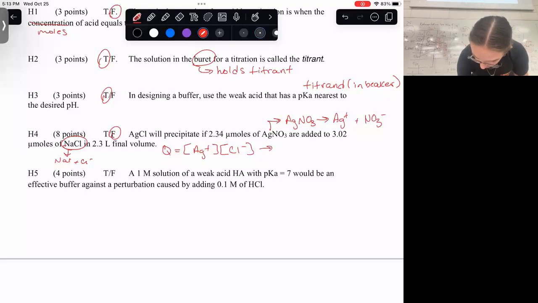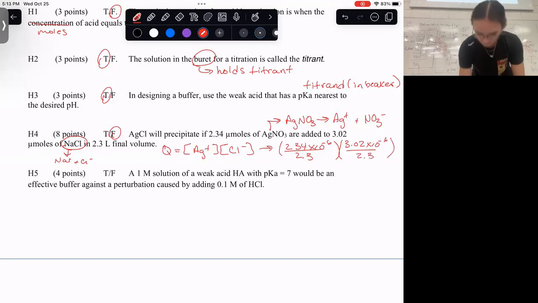So this turns into 2.34 times 10 to the negative 6 divided by 2.3, multiplied by 3.02 times 10 to the negative 6 divided by 2.3. Questions so far? Here, what does Q equal?